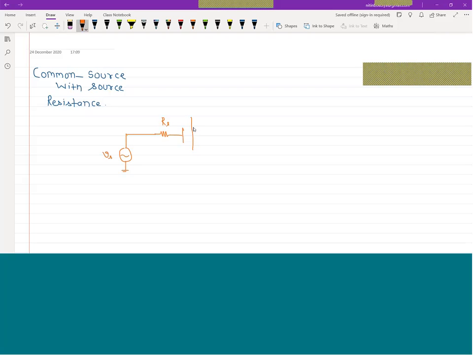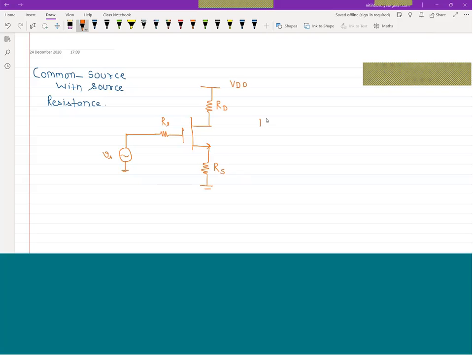Then we have a drain resistance RD, and then a source resistance Rs. And now I am interested in the small signal analysis of this. So in this we can use our T model to analyze the circuit.